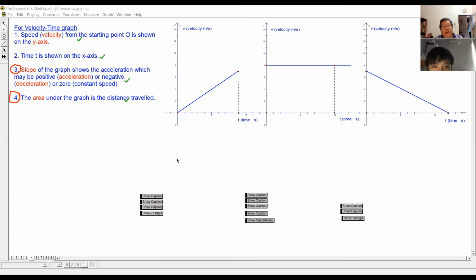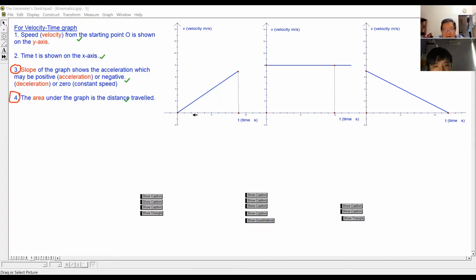Okay, so we are going to look at the first graph here on the left. The graph on the left shows a straight line. A straight line now means that as the time increases, the velocity also increases, because this axis shows the velocity.